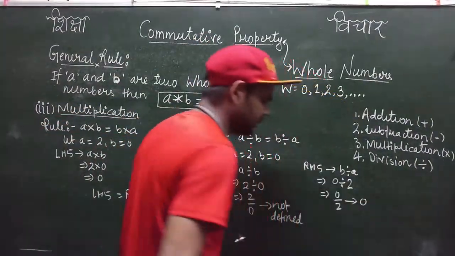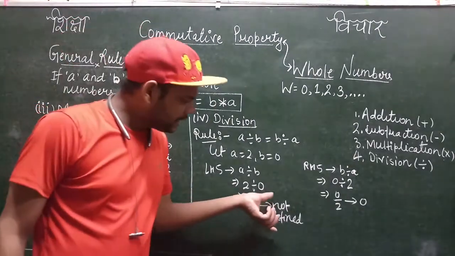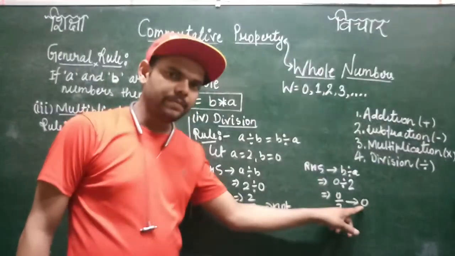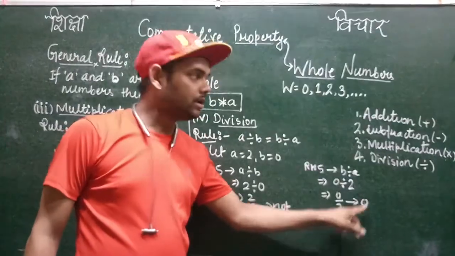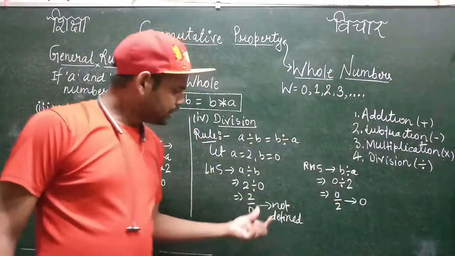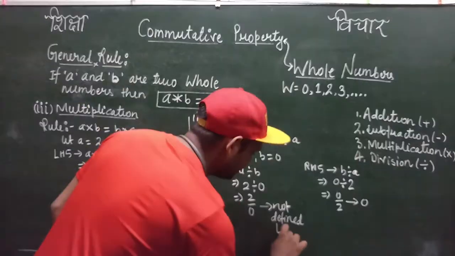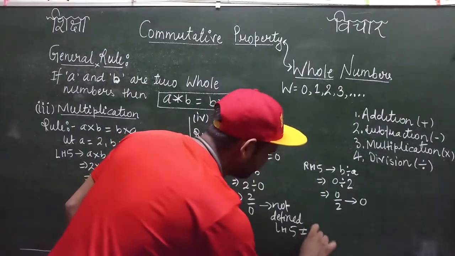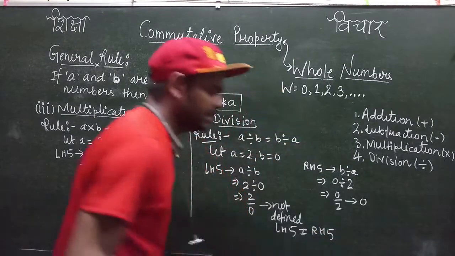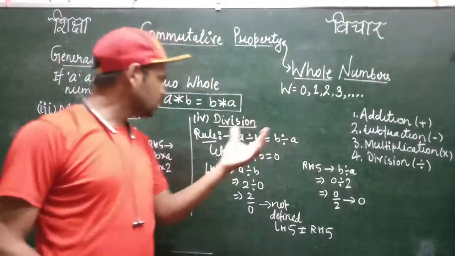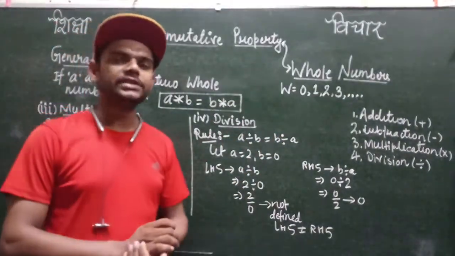So the result is 0. We can see that here this value is not defined, and here the value is 0. 0 is well defined for whole numbers, but not defined is not a number. That means we can say that left hand side is not same as right hand side, and this implies that commutative property for whole numbers over division is not satisfied.